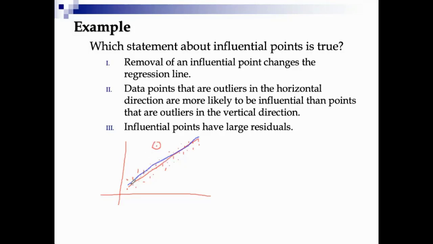But in any case, it might shift it up slightly. But if you look, the slope is not really changed that much, right? The slope looks very much the same. And because the slope looks very similar, I'm not going to say it's an influential point. It doesn't look like it's changing it quite drastically. And so I would say that this point is definitely an outlier, but not necessarily influential.